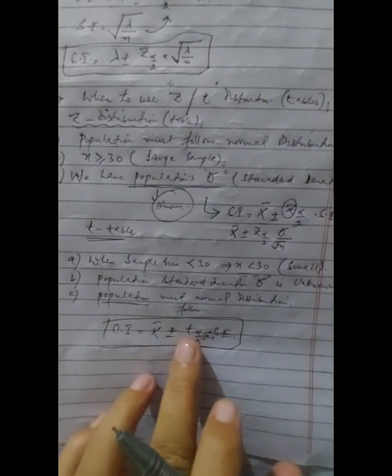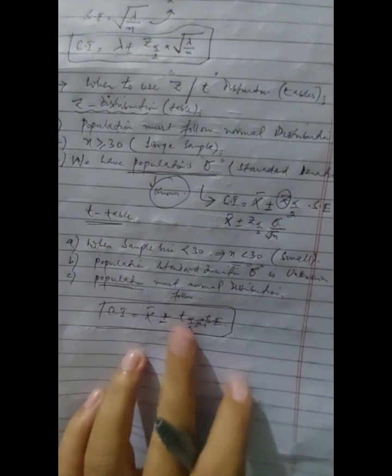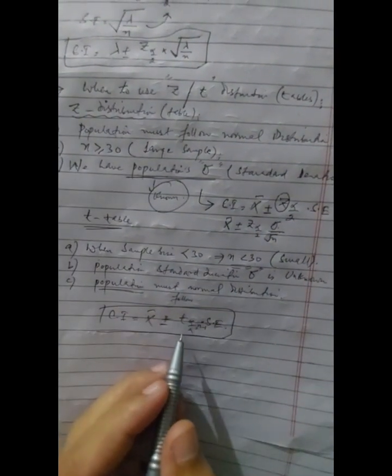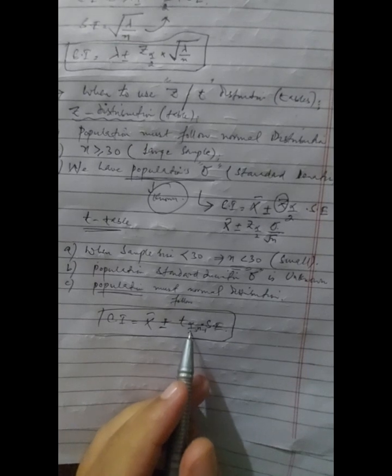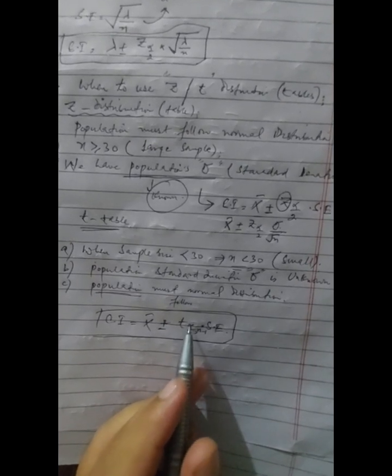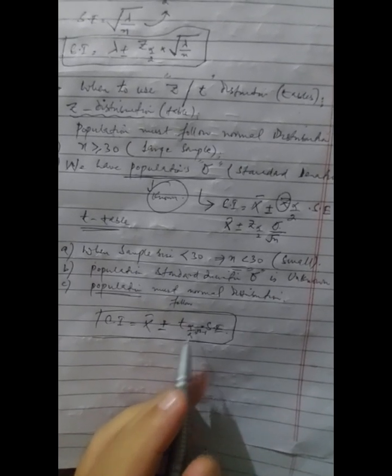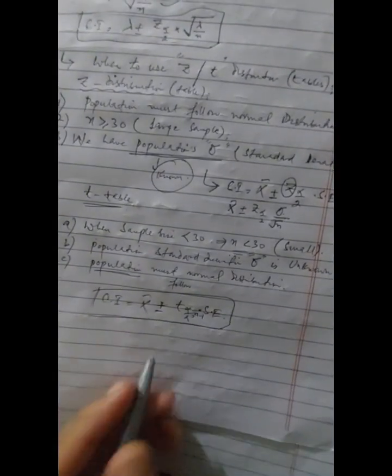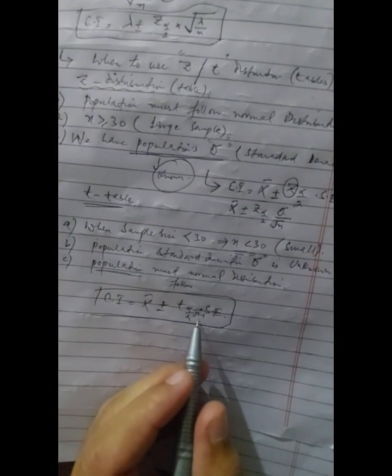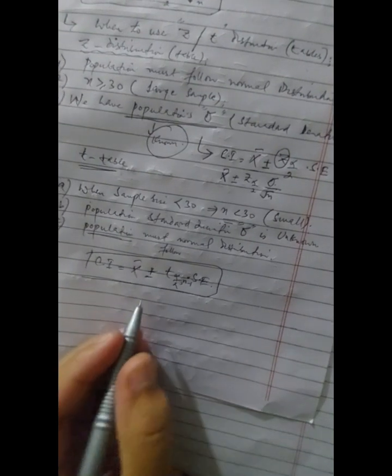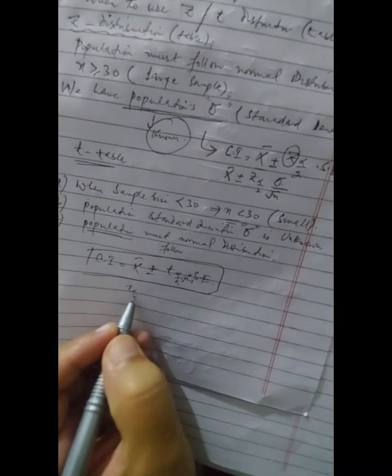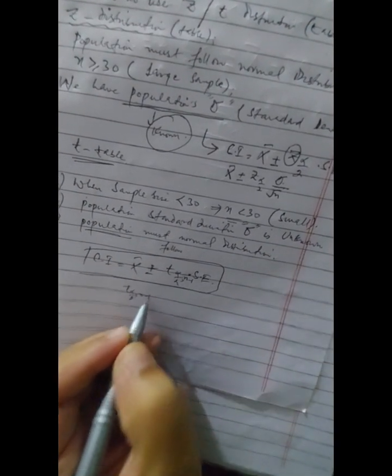Okay, in the previous video, actually in the lecture video, I wrote it as t of alpha by 2, but in the t table we have two things. We have the degree of freedom also, so it is t alpha by 2 comma n minus 1.